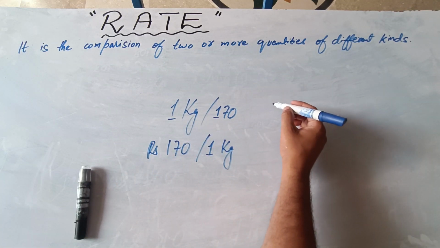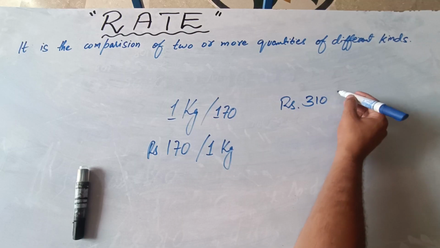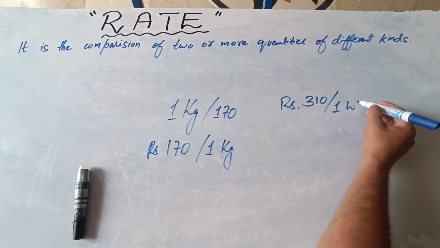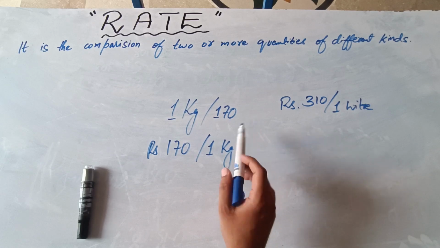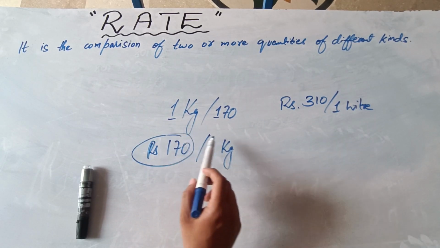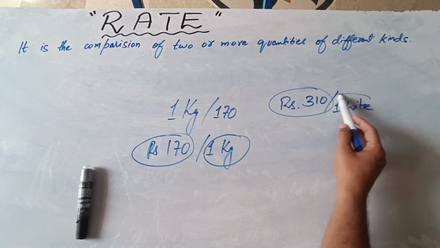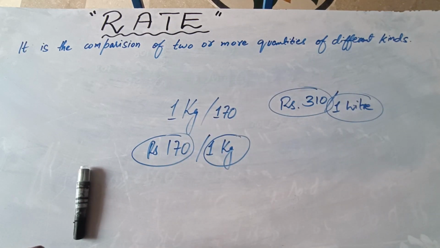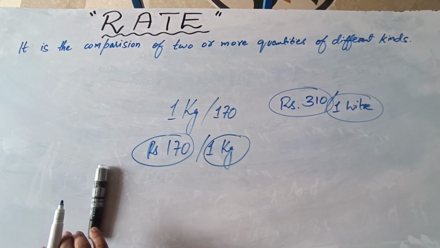For example, if it is rupees 310 per liter, means per 1 liter. So it means that we are comparing two different quantities. This is price and this is weight, and this is also price and this is volume. So when we compare two or more quantities of different kind, that is called rate.